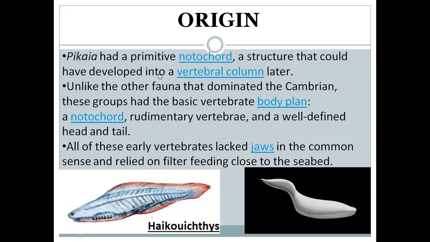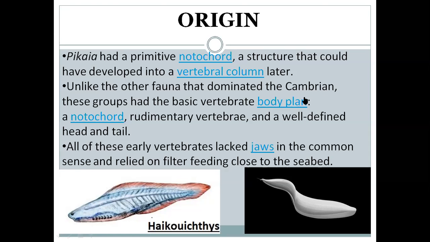From Pikaia, some other organisms originated, and the notochord of Pikaia was converted into a vertebral column in the new organisms. In Haikouichthys also, the same thing happened. Unlike the other fauna that dominated the Cambrian, these groups had the basic vertebrate body plan.